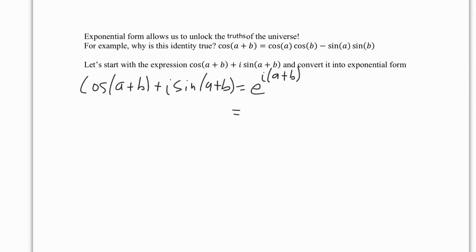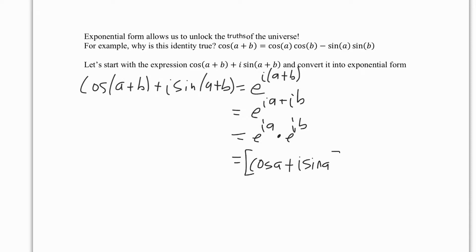Let's go ahead and expand that as e to the i a plus ib. We'll use those exponent rules in reverse, so e to the i a times e to the i b. Now, I'm going to convert this back into polar form. Cos of a plus i sine of a, cos of b plus i sine of b.